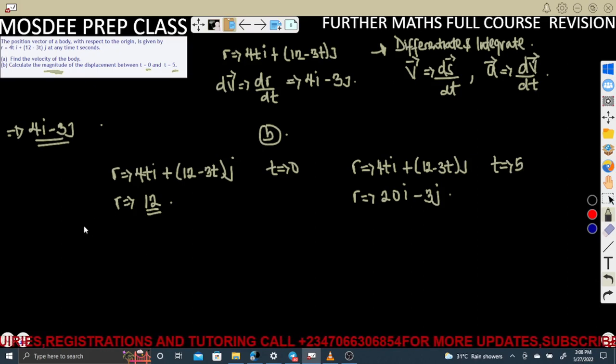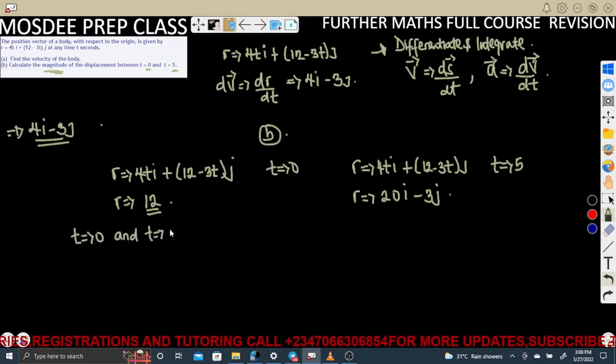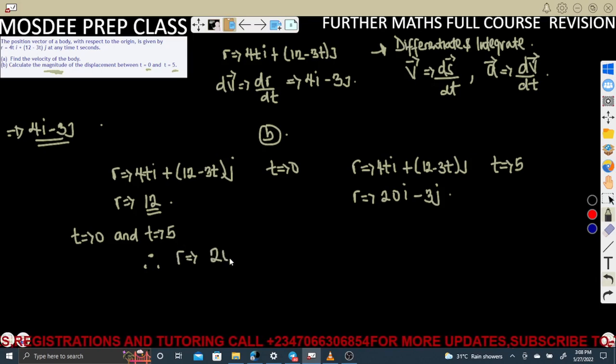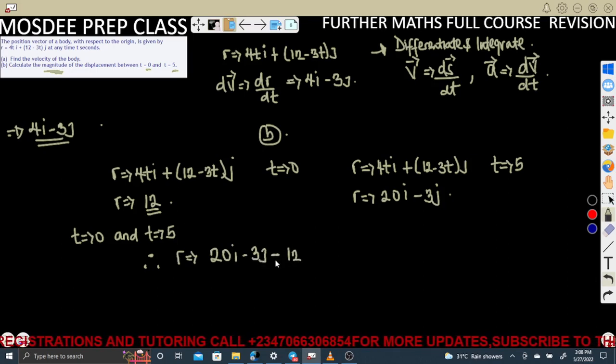So the displacement between the two will now be when it is 5 minus when it is 0. So the displacement from t equals 0 to t equals 5, displacement r will now be equal to the difference between these two. That will be 20i minus 3j when it was 5, then minus 12.